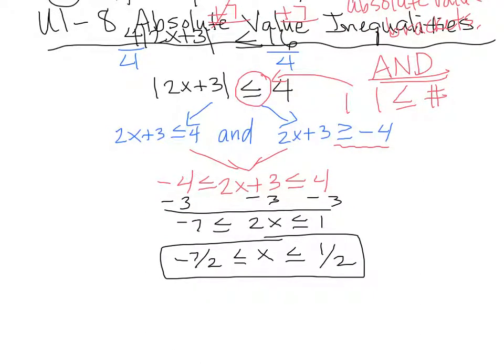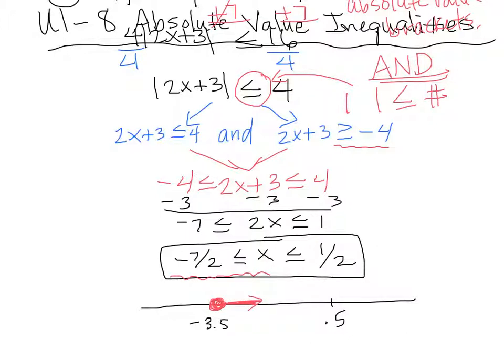Now on a number line, we have our negative 7/2, which is the same as negative 3.5. And we have our 1/2, which is like positive 0.5. And we're saying here that x needs to be greater than or equal to the negative 3.5. So that means a closed circle and shading greater than.